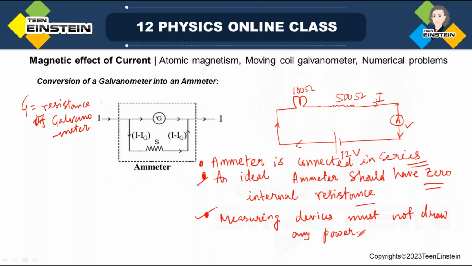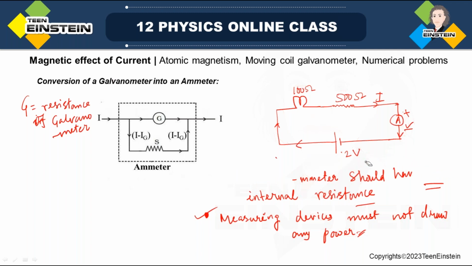So if we directly use this galvanometer as an ammeter, you know what will happen? The circuit current will be changed, but we don't want that. So we have to make certain modifications such that the current in the circuit does not get affected by the galvanometer resistance.